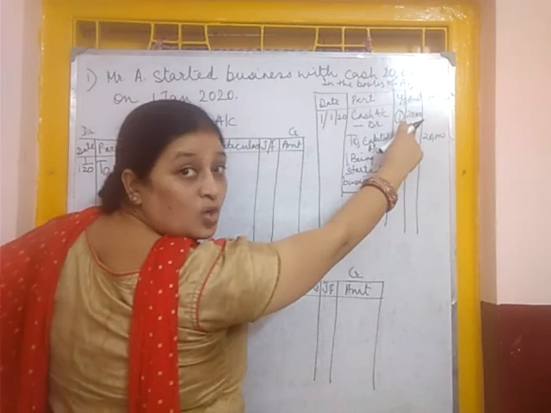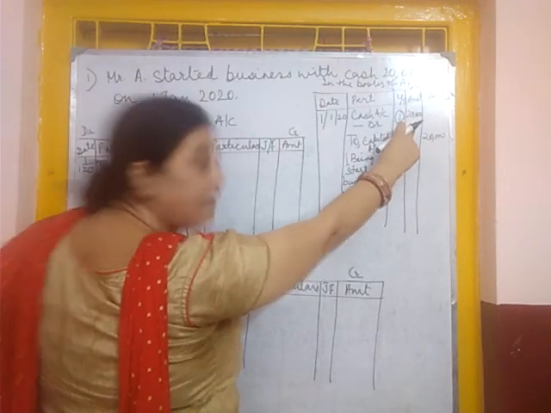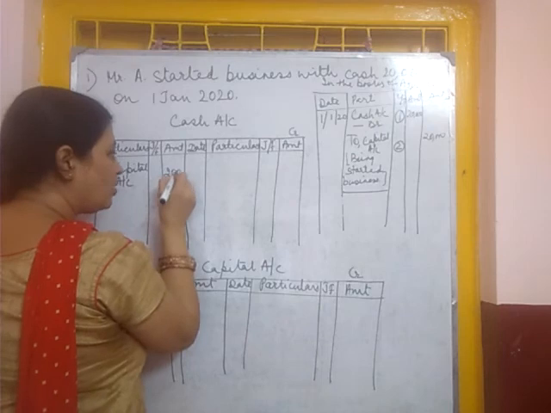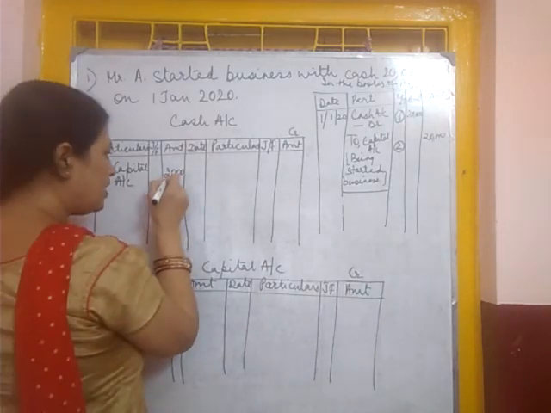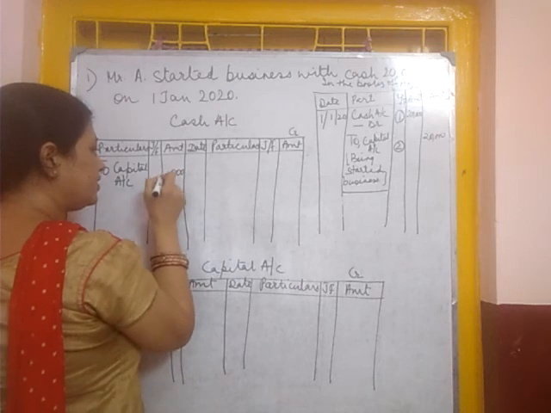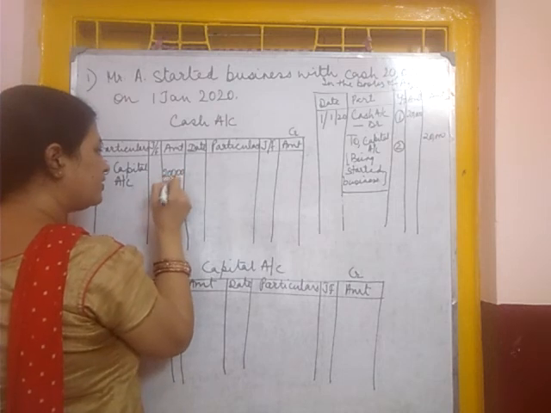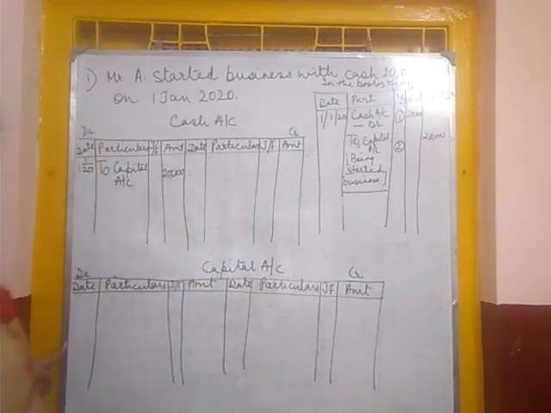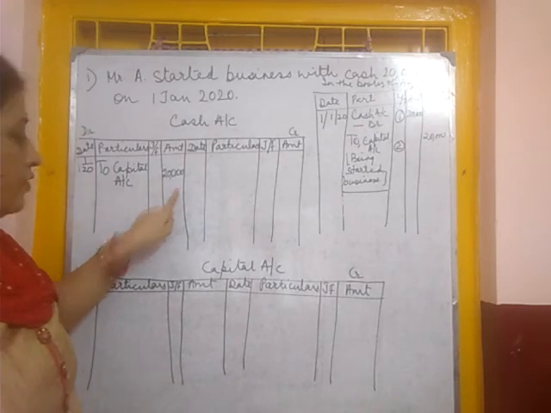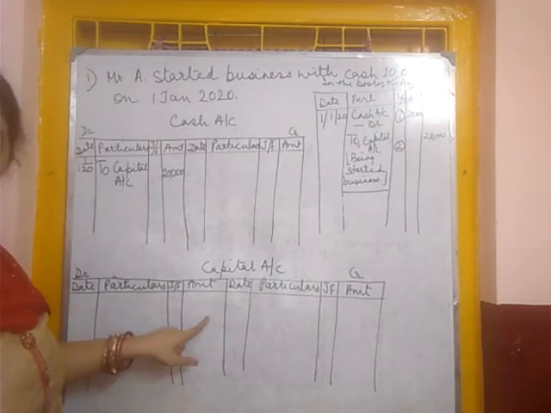The amount is 20,000. So we will write 20,000 here. Clear? This is 20,000.